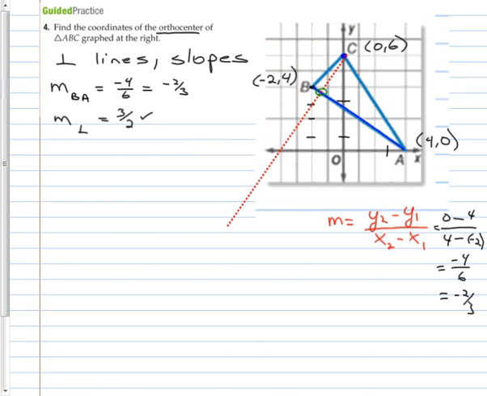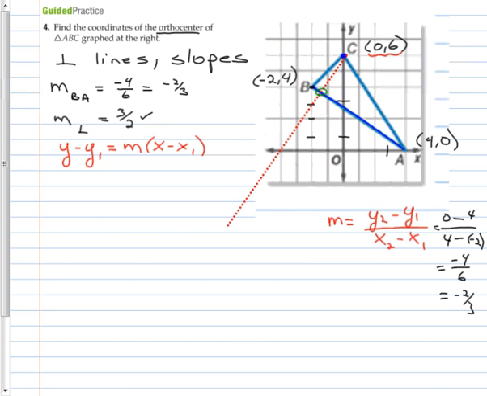So if I'm going to get the equation of that line, we need to go back to our Algebra 1 again, and we are going to remember point-slope form: y minus y sub 1 equals m times x minus x sub 1. The x sub 1 and y sub 1 are the coordinates of a point on the line. This point C is a point on this red dashed line that has a slope of 3 over 2.